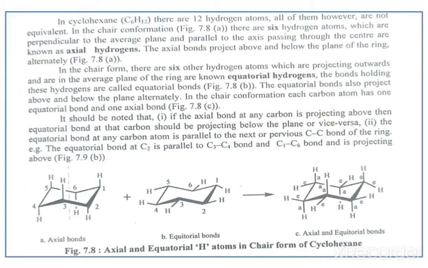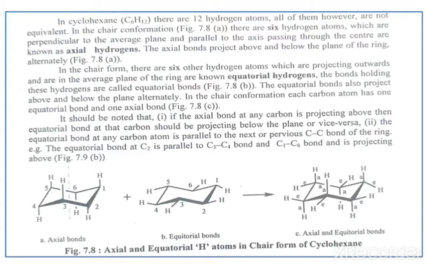Next, the axial and equatorial hydrogen atoms in the chair form of cyclohexane. So friends, in cyclohexane, that is C6H12, there are 12 hydrogen atoms, and all of them, however, are not equivalent in the chair conformation.